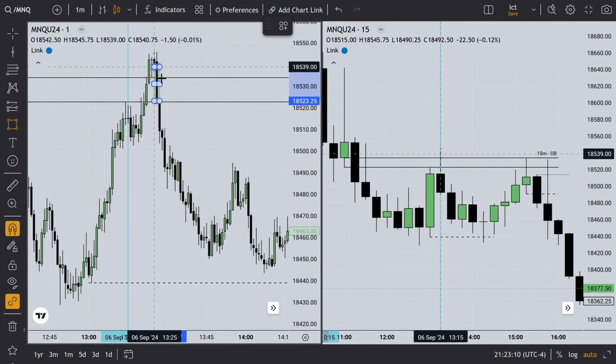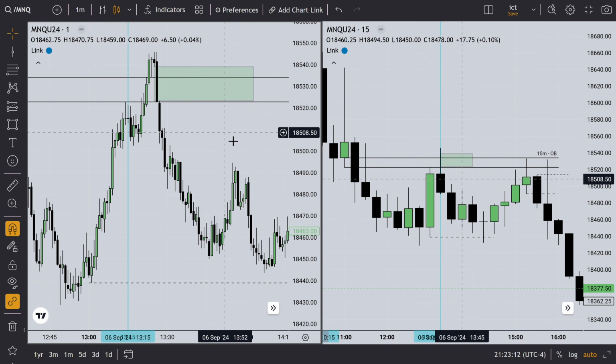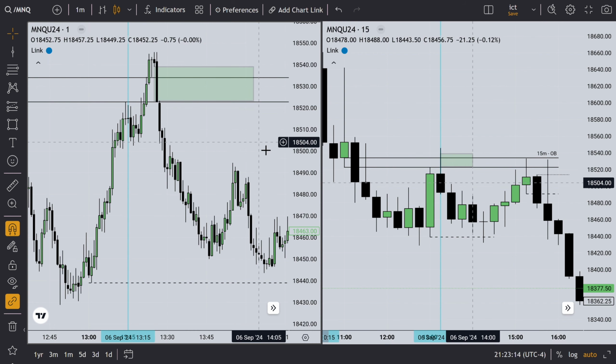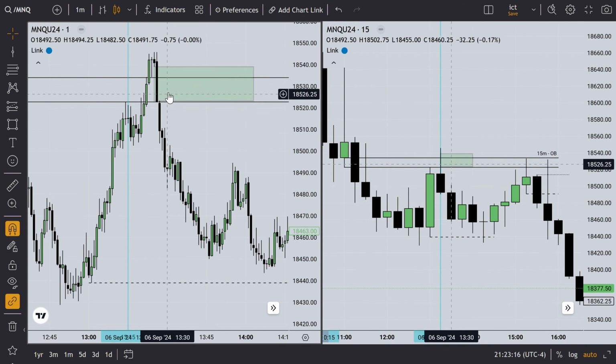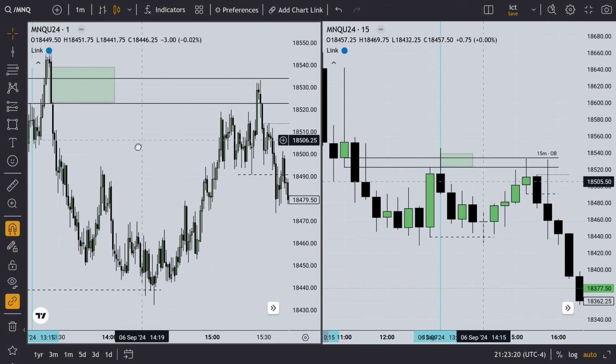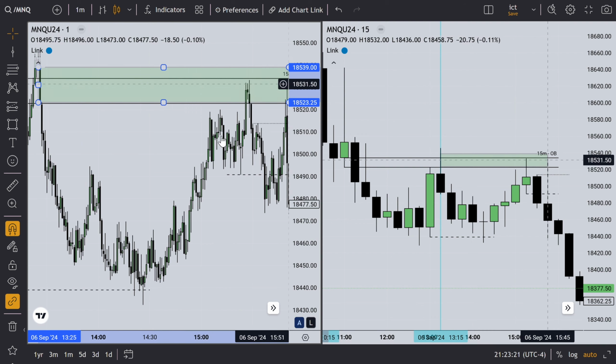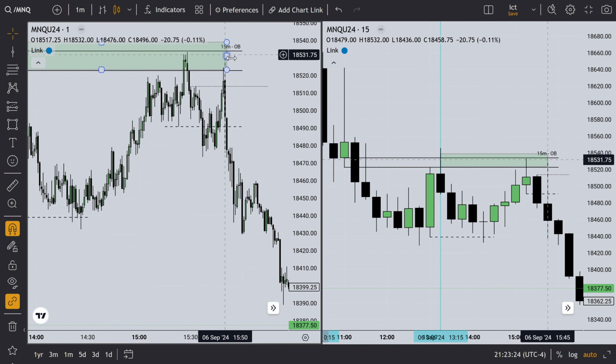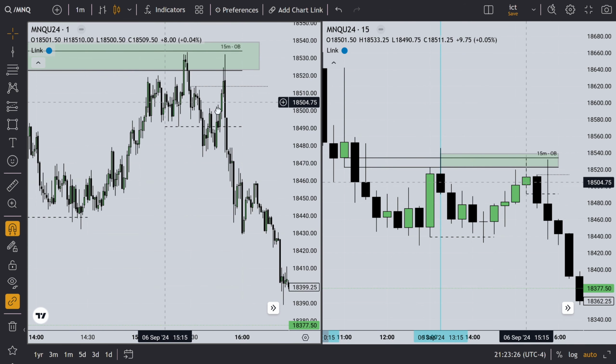Yet. Okay? And this is leading me to believe that when we see that sucker left open like that, it's almost like it is the draw on liquidity. Okay?